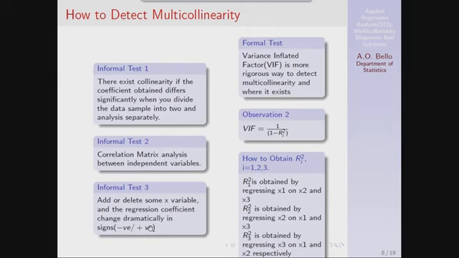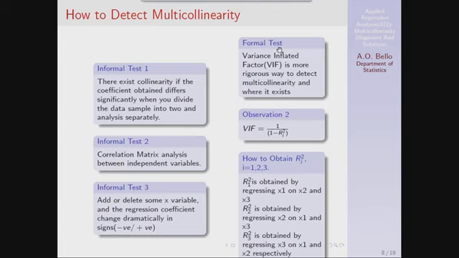You perform a regression analysis on the 28 observations, and you check again the coefficients of your independent variables x1, x2, x3. If one, two, or even all of them change sign and become negative, or even just one, it's sufficient to suggest a degree of multicollinearity that needs to be verified.